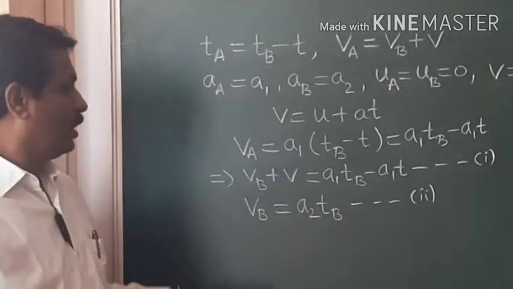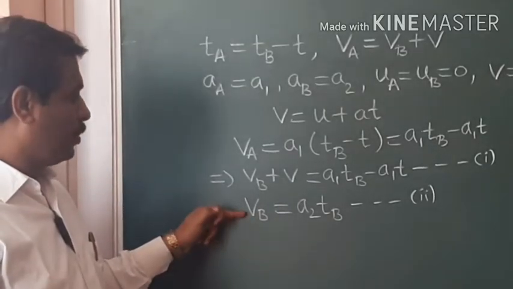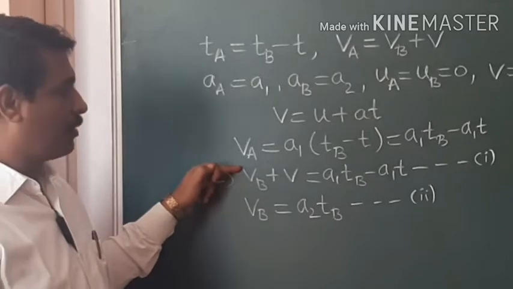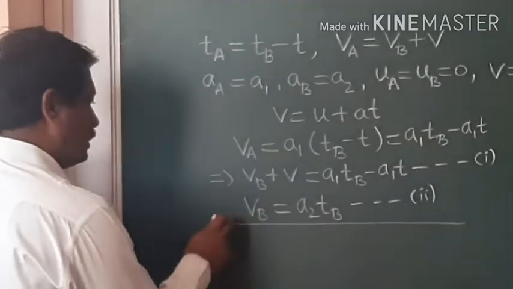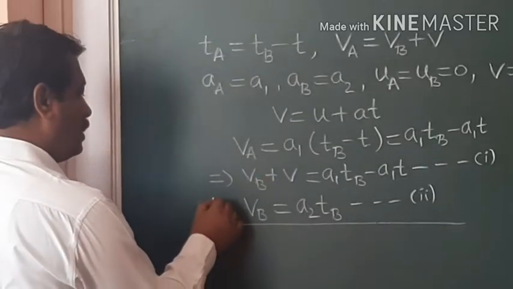Now you subtract equation 2 from equation 1. So this minus this.